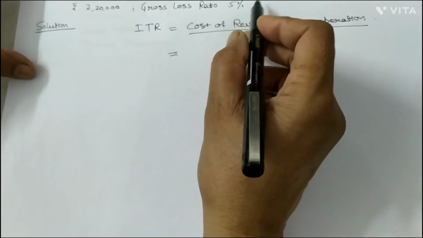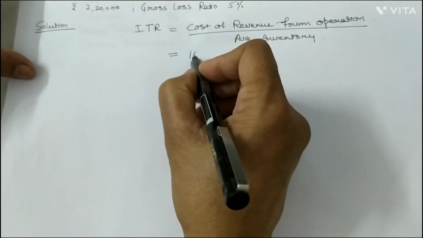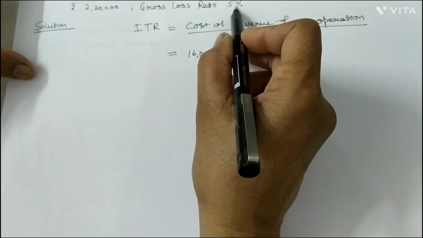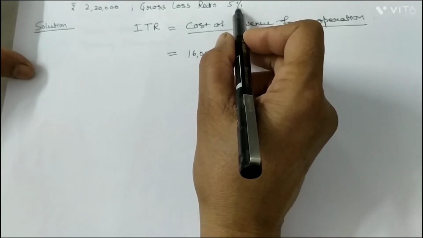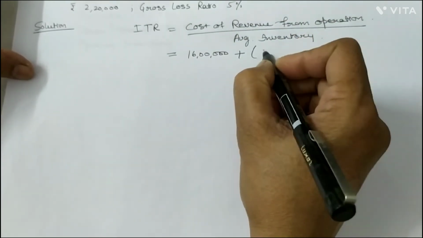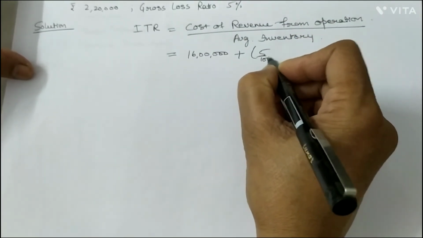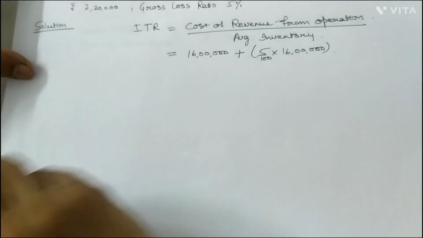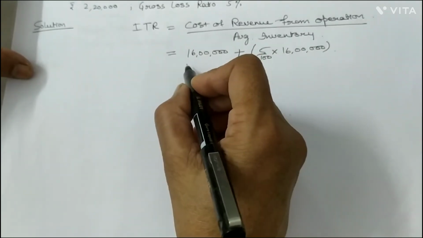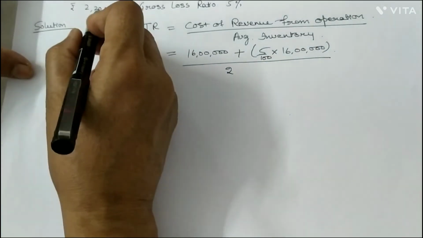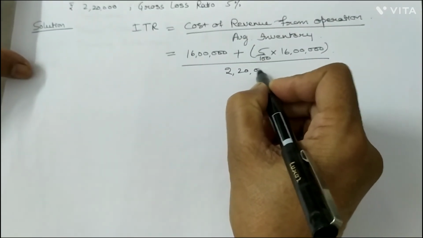Cost of revenue from operation is equal to 16 lakh, the amount of revenue. Gross loss is given as 5%, so you have to add this loss, 5% of 16 lakh, divided by average inventory, which is given as 2,20,000.